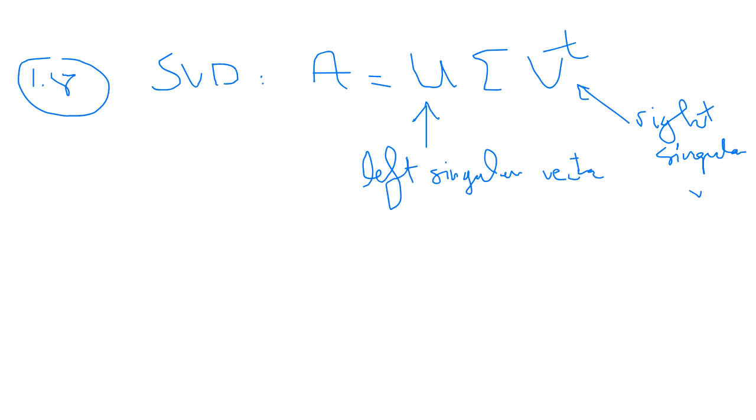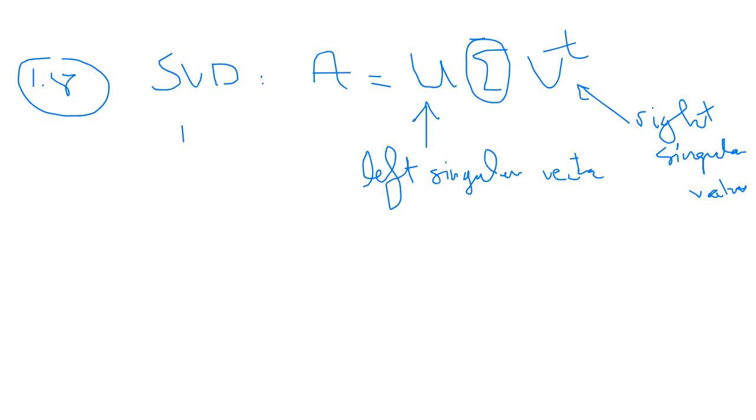Now, what is in sigma? Sigma has singular values. So we don't talk anymore about eigenvalues, because the definition of eigenvalues and eigenvectors doesn't apply to non-square matrices. And in general, we are talking about data which has many columns, because you have a huge number of samples or individuals in your population, but a limited number of features.